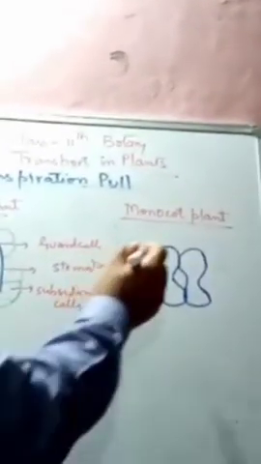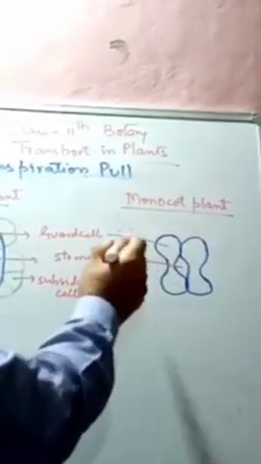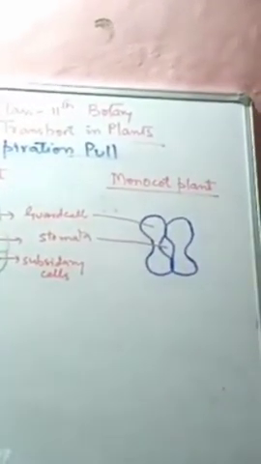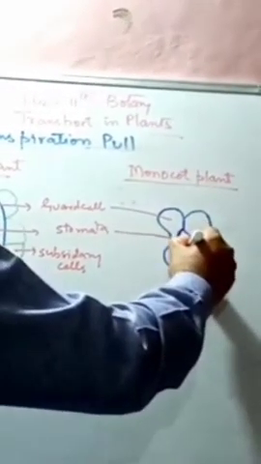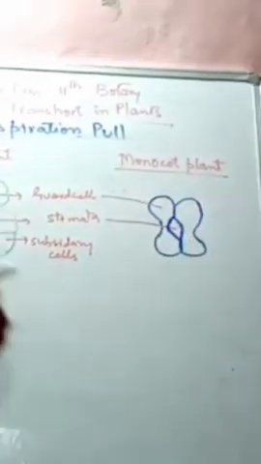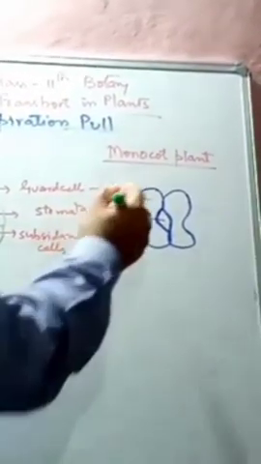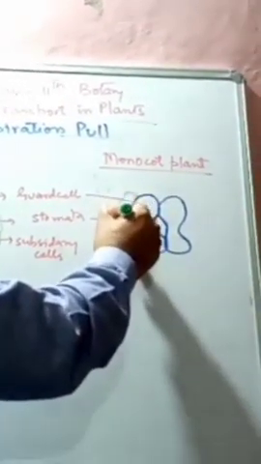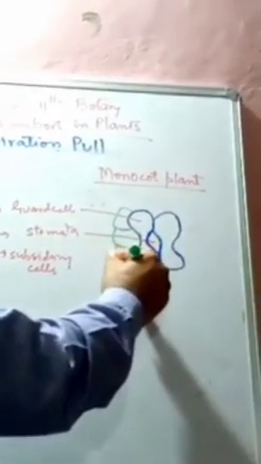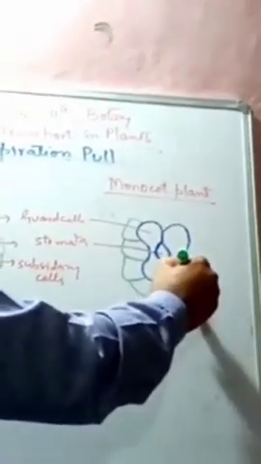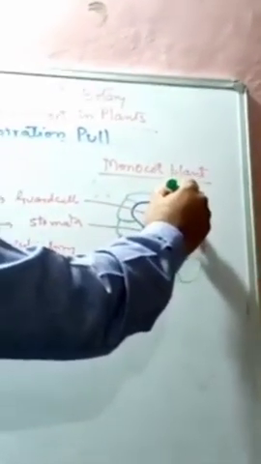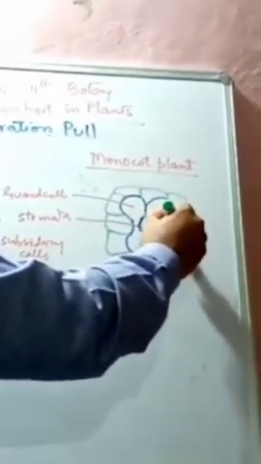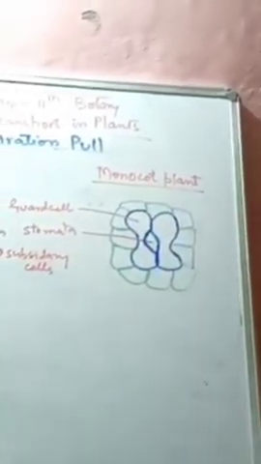Again, these are the guard cells. This is the stomata. Again the guard cells on the inner side are somewhat thicker, and they are surrounded by these subsidiary cells.